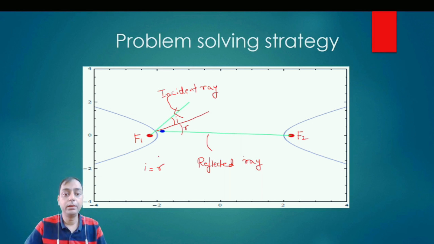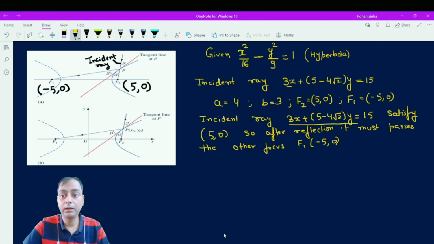Now I am going to use this concept to solve the given problem. In this case the incident ray 3x + 5 - 4√2y = 15 must pass through the point (5, 0), because if you put x as 5 and y as 0, it satisfies the equation of this line.